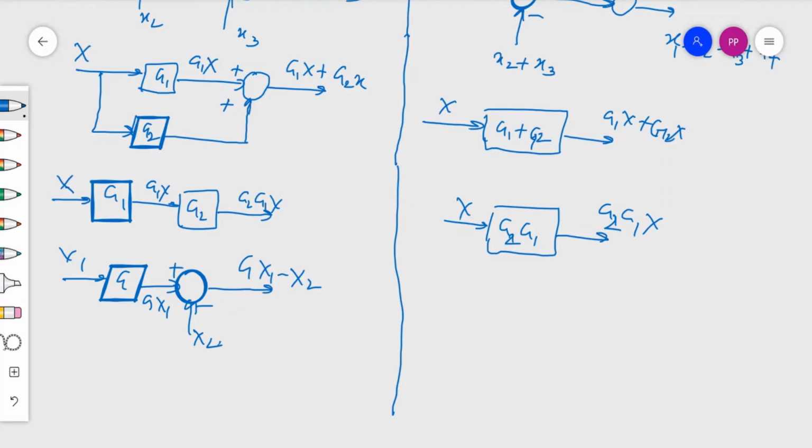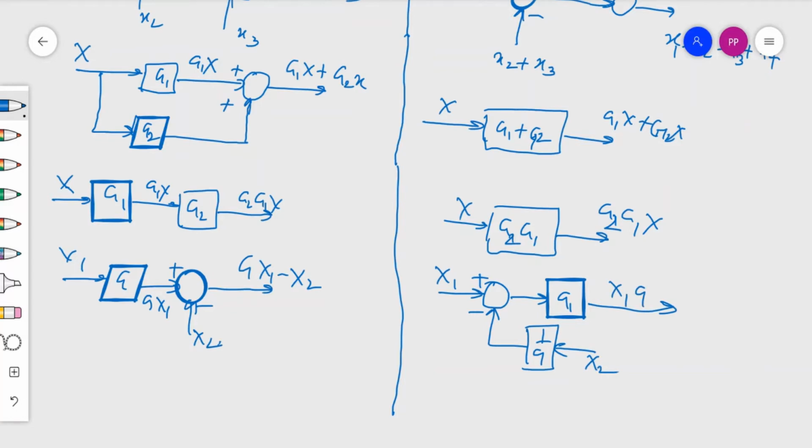The equivalent has X1 going directly to the summing point, with X2 passed through a block of 1 by G, and then the block G, and then we have X1 G minus X2.